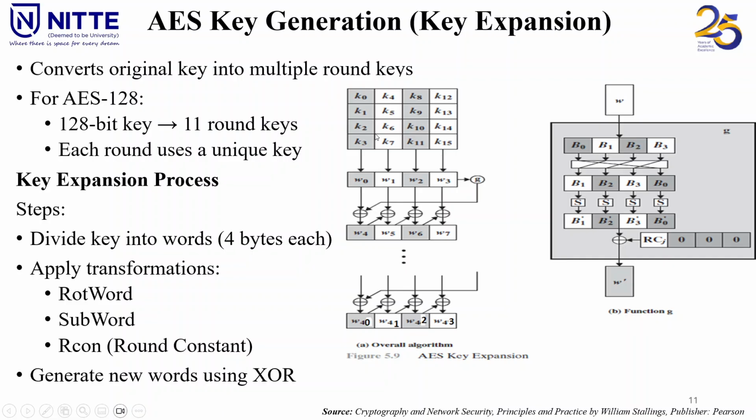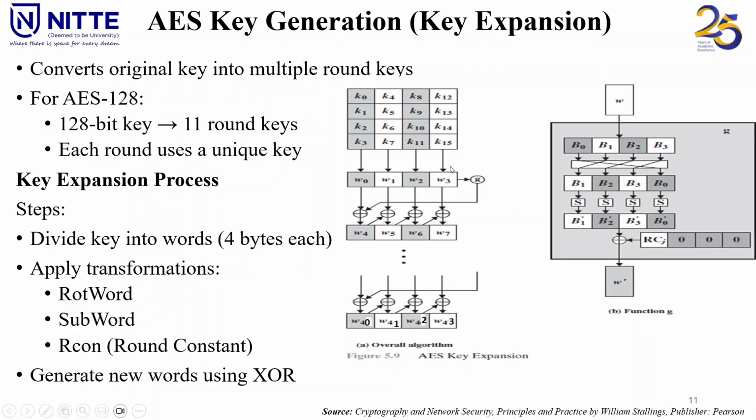This is how we represent the 4x4 matrix of the key values. Those first 4 bytes become one word, that is W0. The next 4 bytes will be W1, the next W2, and the next W3.